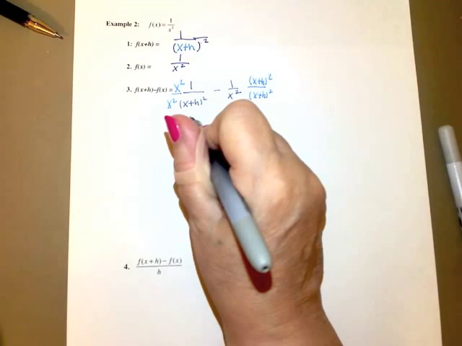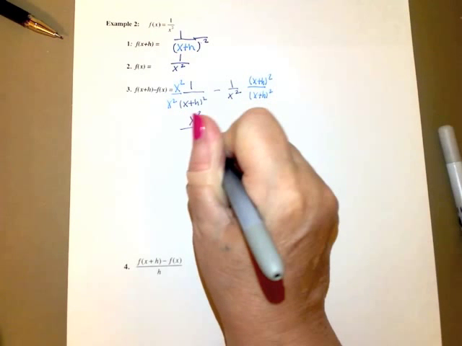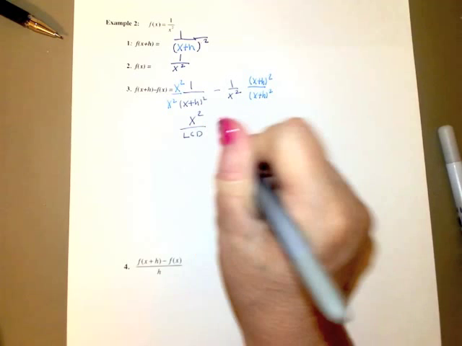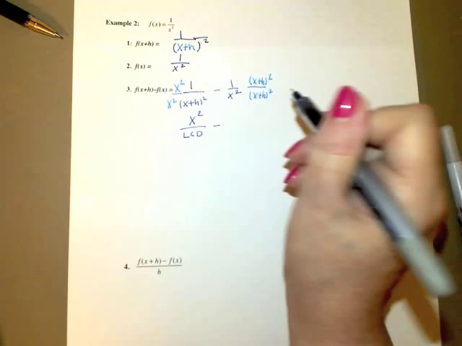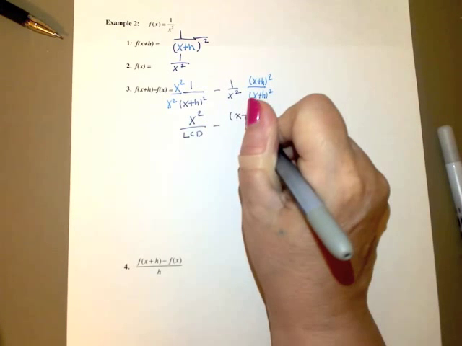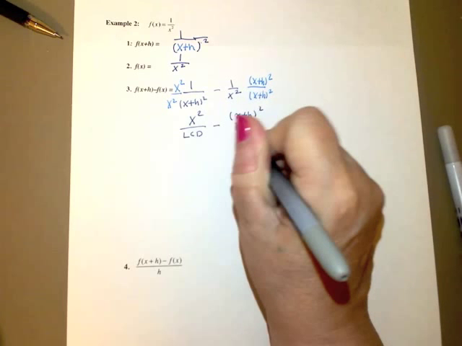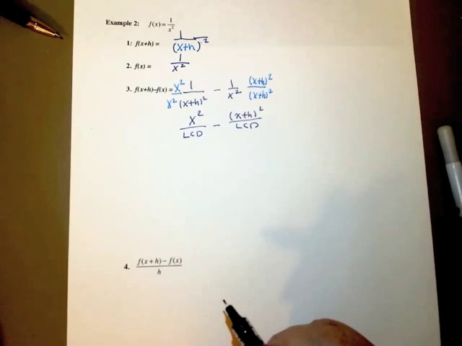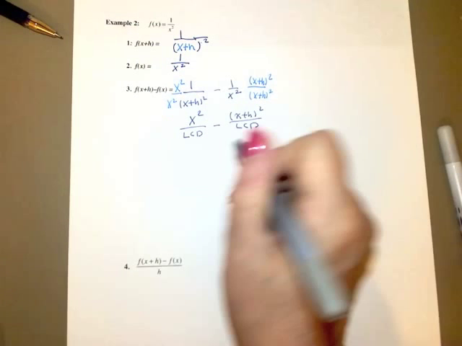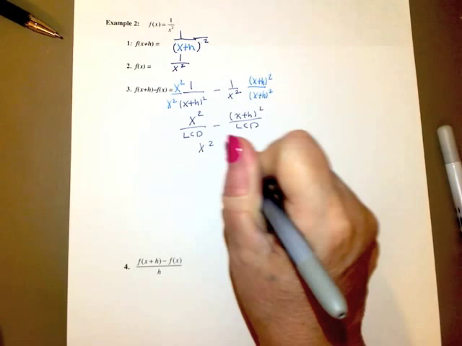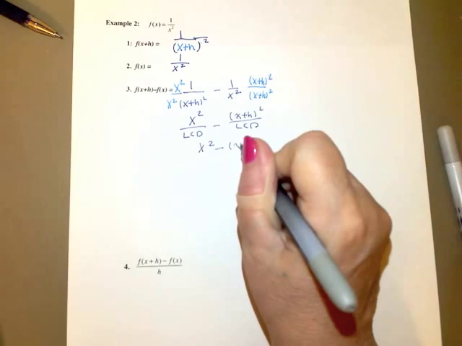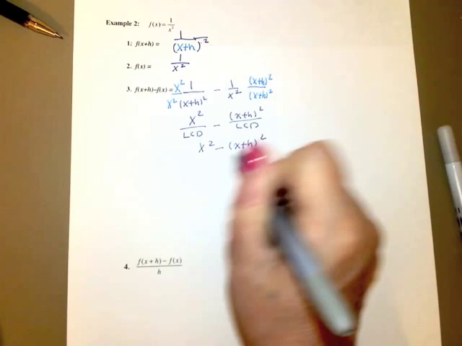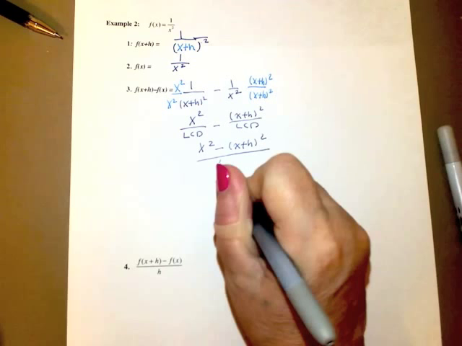So I'm going to have x squared over the LCD, minus x plus h squared all over the LCD, or x squared minus x plus h squared all over the LCD.